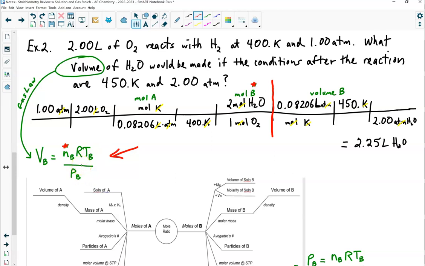So what I do on the outgoing end here to calculate volume of B, it takes these 3 blocks because I need to take the number of moles here, multiply it by R, multiply it by T, and then divide it by the pressure. And if I do all that, I find that the volume of water vapor would be 2.25 liters.